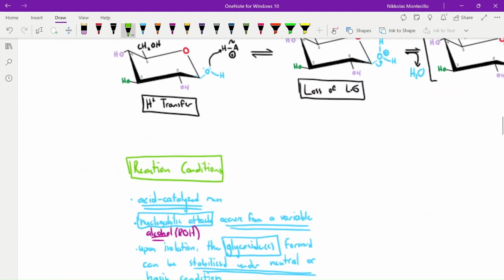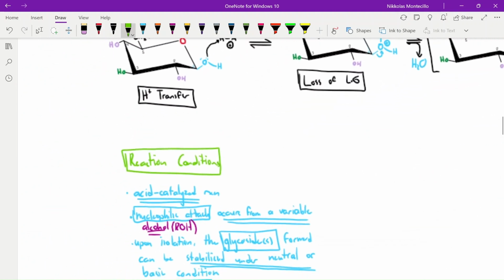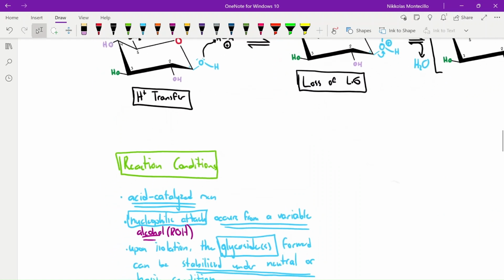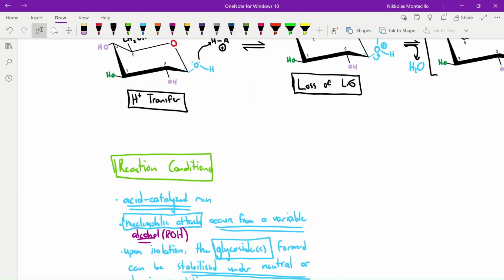Just reviewing once more the reaction conditions for any glycoside formation reaction: the reaction itself must be acid catalyzed, and the nucleophilic attack occurs from a variable alcohol, which in this case is monosaccharides.